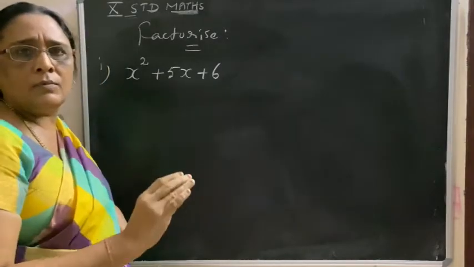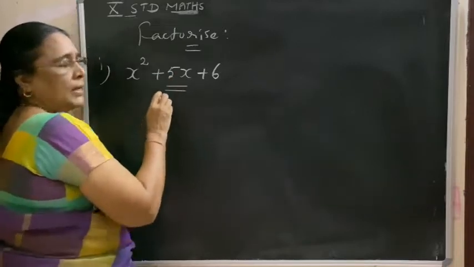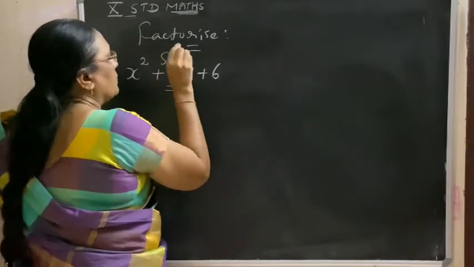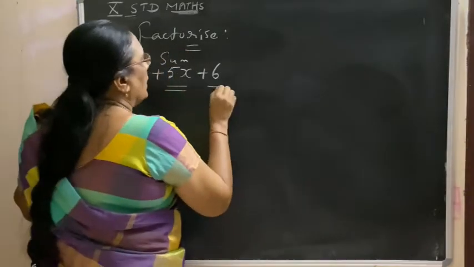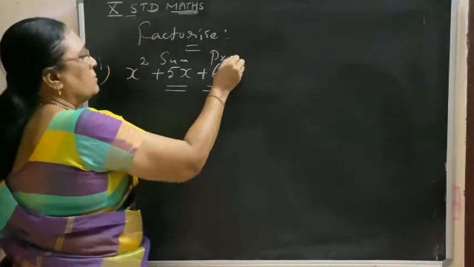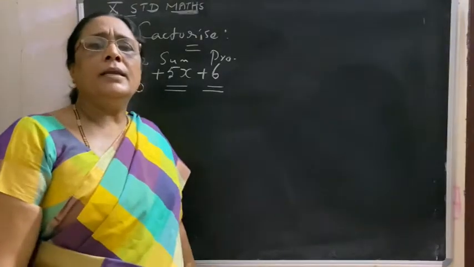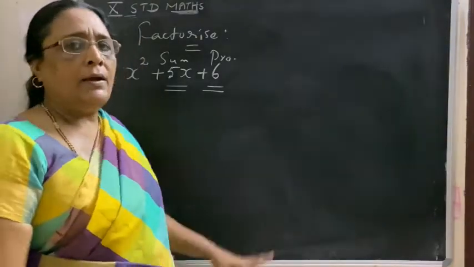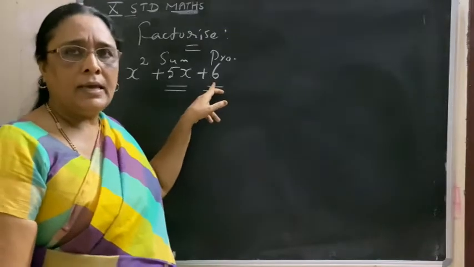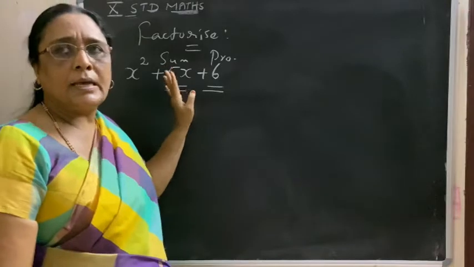If all the terms are in plus, you have to take the center term as a sum of two numbers and the last term as a product of two numbers. What is the sum of two numbers and the product of two numbers? If you multiply the numbers, you have to get the product as 6, and if you add the same numbers, you have to get the sum as 5.